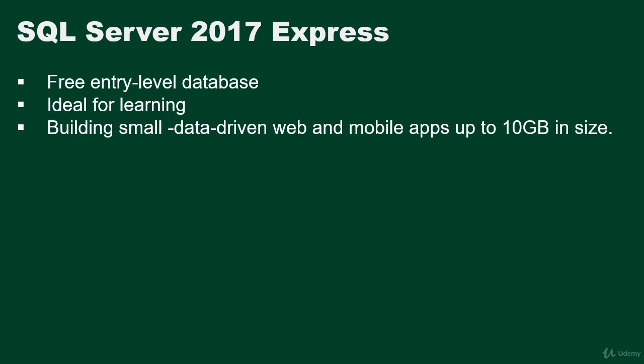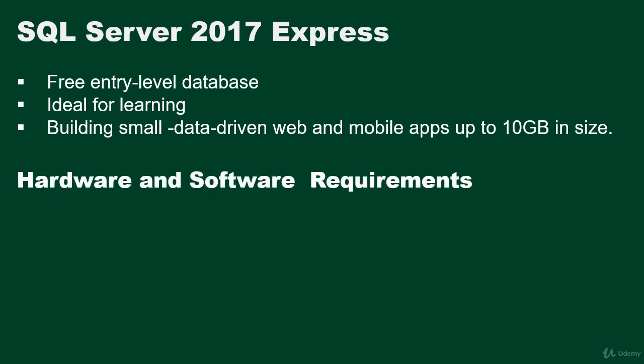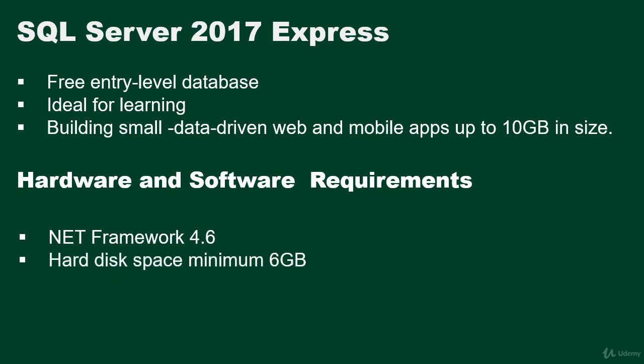Before you can install SQL Server Express, there are some very basic hardware and software requirements. The first is that you must have the .NET framework on your machine, a minimum of at least 4.6 or higher. For hard disk, you need a minimum of 6 GB disk space.